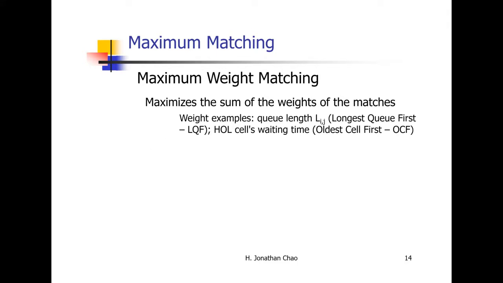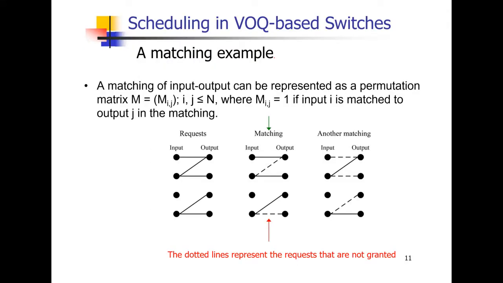For example, if you go back here, we could assign different weights to all these connections. Let's say we can assign a weight equal to 8 to this, 7 to this, and so on and so forth. And this is what we can assign on the requests.